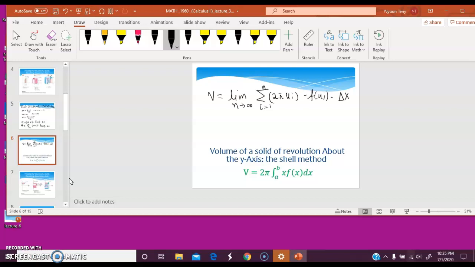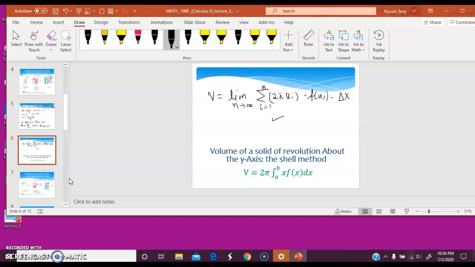When we take the limit, we partition the region we are rotating about the y-axis into an infinite number of subintervals, and when we rotate them we create an infinite number of thin cylindrical shells. Finding the individual volumes of these thin shells gives you the exact volume of the solid of revolution.